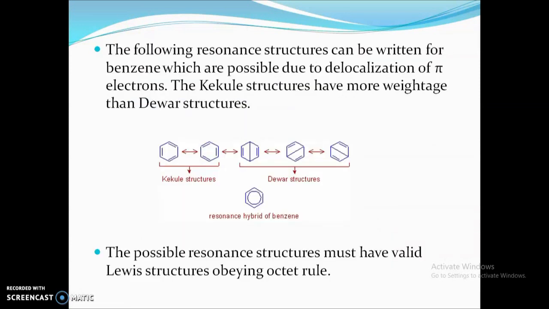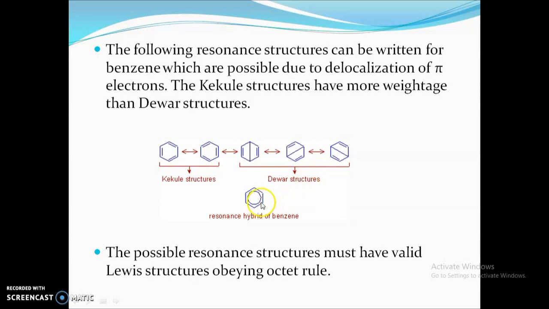These are the resonating structures of benzene, which also differ in arrangement of pi electrons, and here also delocalization of pi electrons takes place. These two structures are known as Kekule structures, and the remaining three structures are known as Dewar structures.